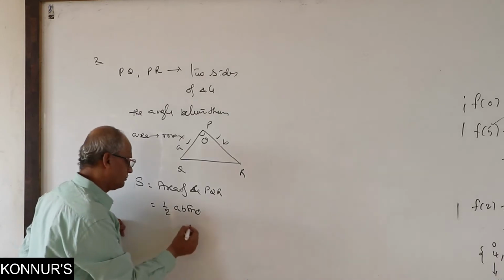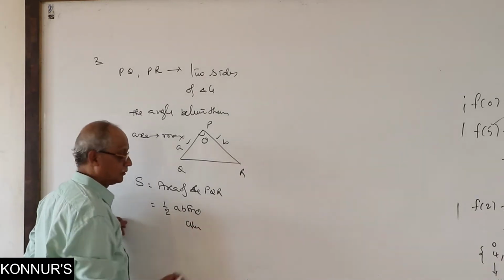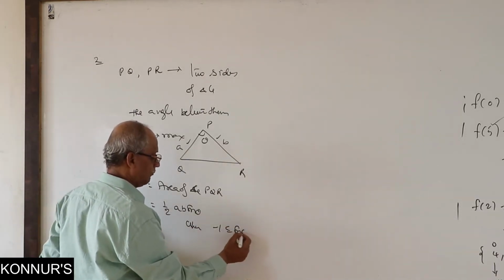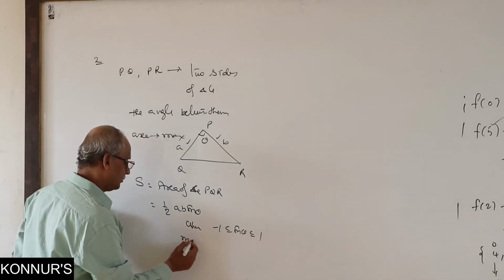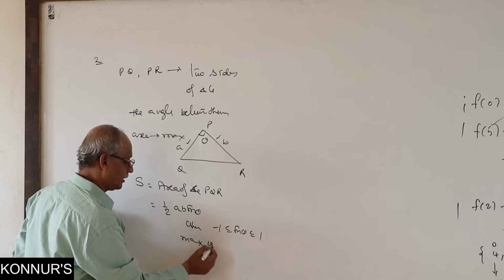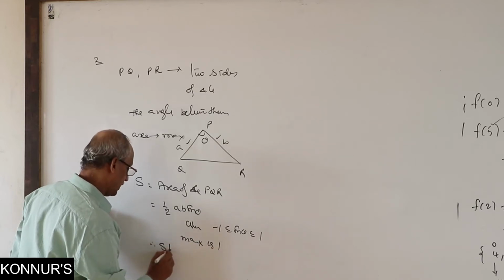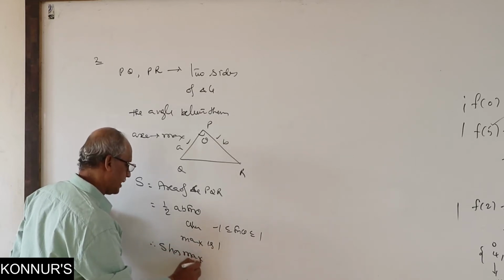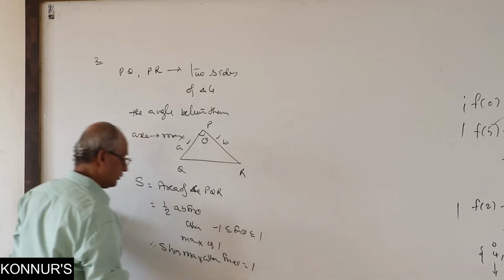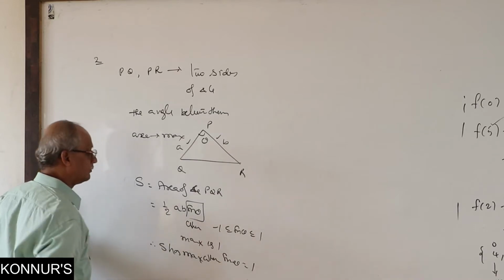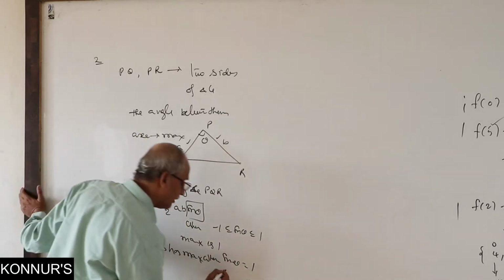Half AB sin theta, where sin theta lies between -1 and 1. What is the meaning? Maximum is 1. Therefore, S is maximum when sin theta is 1. When sin theta is 1, what is the theta value?